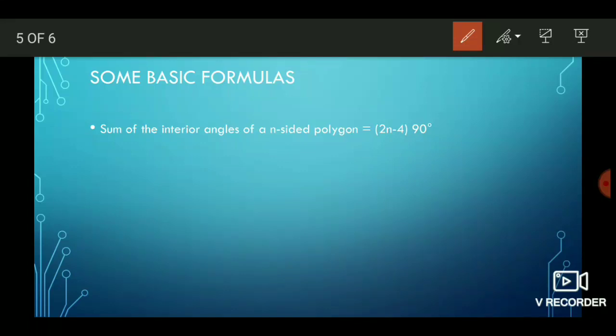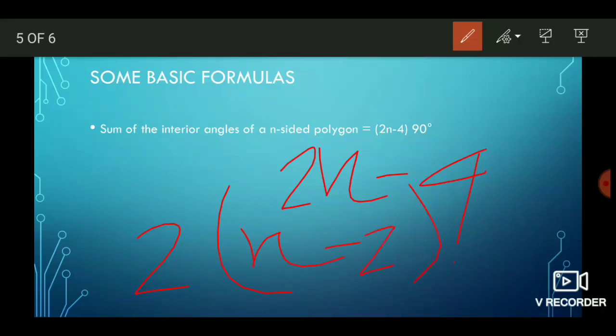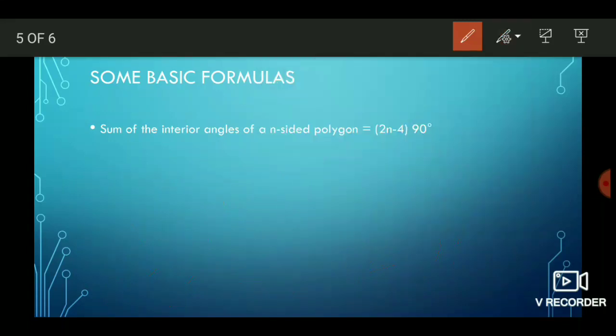We are only taking 2 common from the expression 2n minus 4, giving n minus 2, and this 2 we are multiplying with 90 degrees. So it becomes (n minus 2) into 180 degrees. It is very simple, nothing to worry about. Both the formulas are correct.